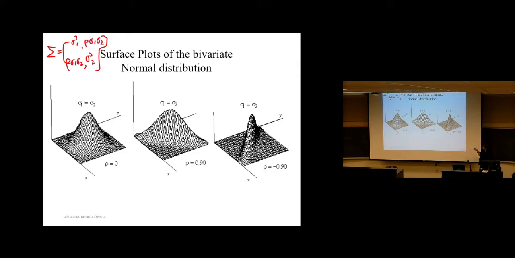So let's still keep sigma 1 and sigma 2 the same, but change the correlation value to 0.9, which means the first feature and second feature are strongly positively correlated. And this is the bell shape we learned, a very narrow bell, almost concentrated all along that diagonal x1 equals x2 line.